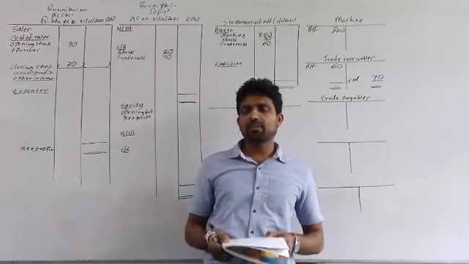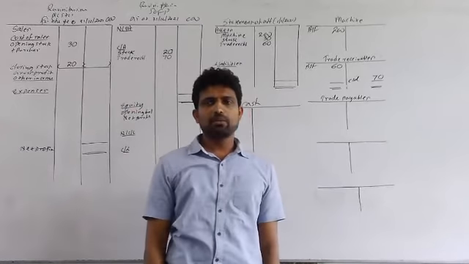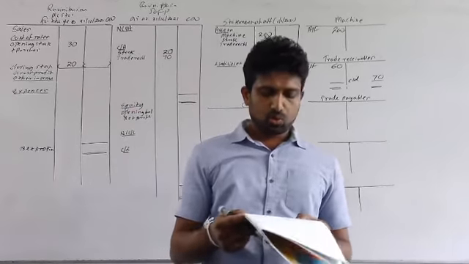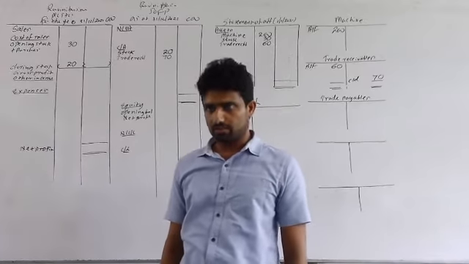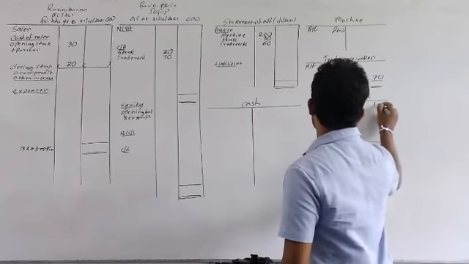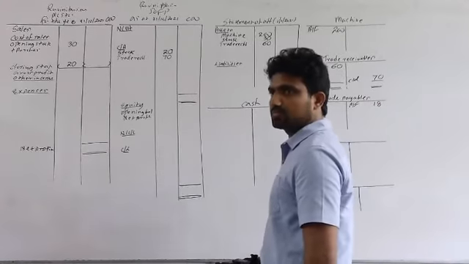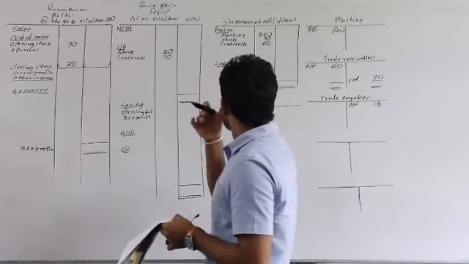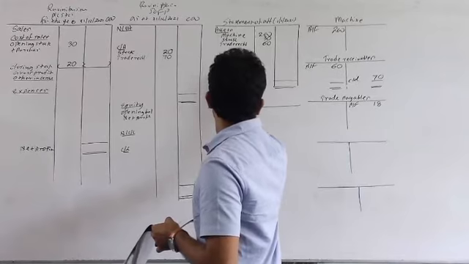Then trade payables. Trade payables can be creditors. Opening balance is 18, a liability. Take this 18 here as a credit balance and take these other liabilities in the statement of affairs.